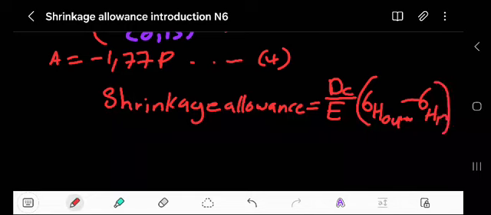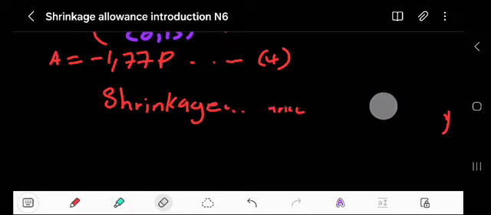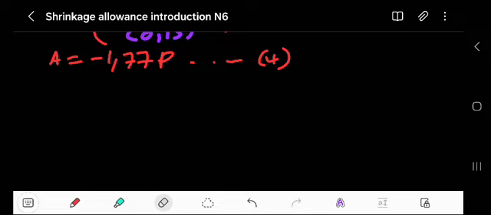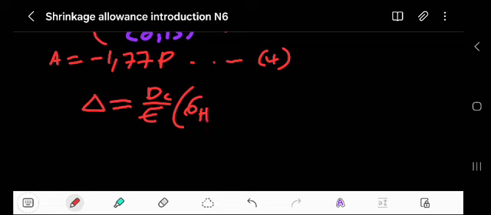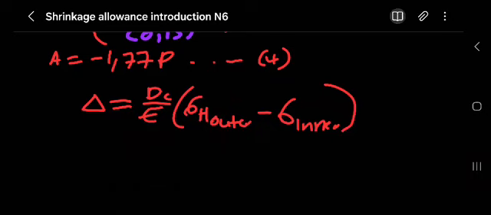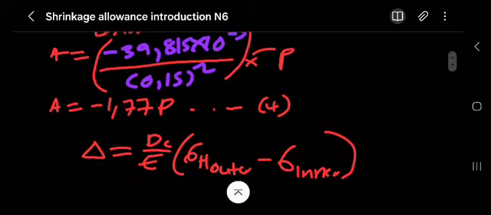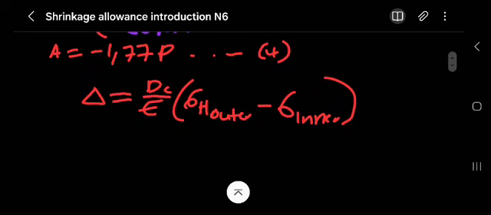The radius shrinkage is given by delta. It's supposed to be the common diameter over Young's modulus, then the hoop stress of the outer minus the hoop stress of the inner. Do not forget that. This is the information you're supposed to have.